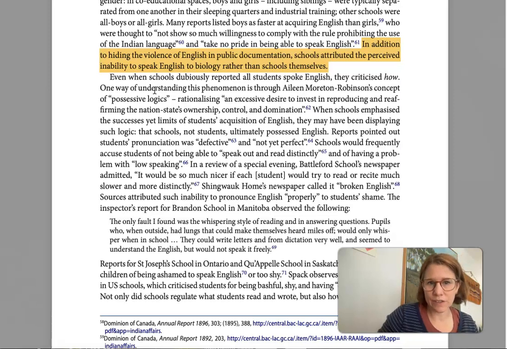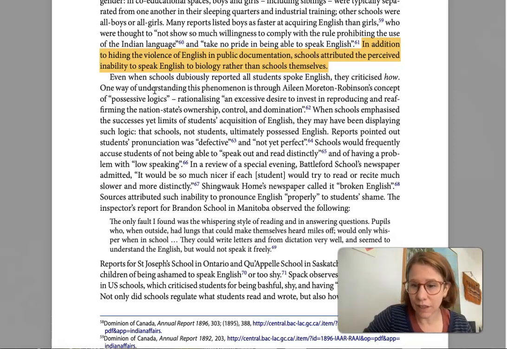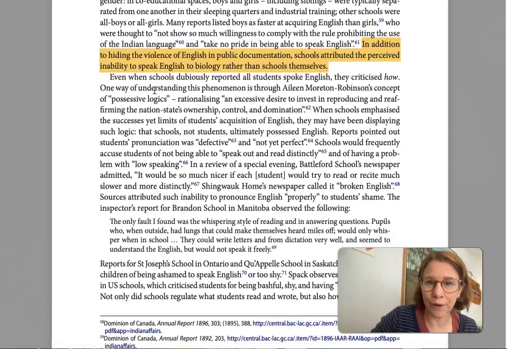So they viewed children who were resistant to speaking English as inferior, or as defective, or as rebellious and bad students, instead of viewing them as trying to preserve their home language, their mother tongue, in addition to also speaking English.